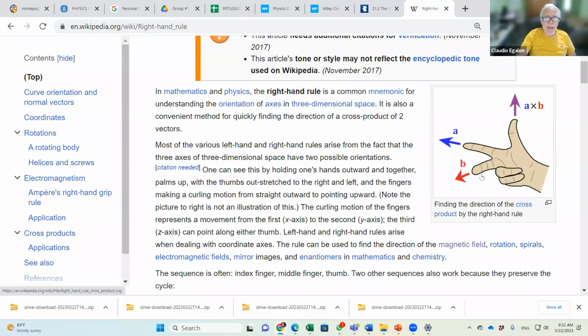Here goes. If you have vector A and vector B, vector A will be V, the velocity vector, and vector B would be the magnetic field vector.